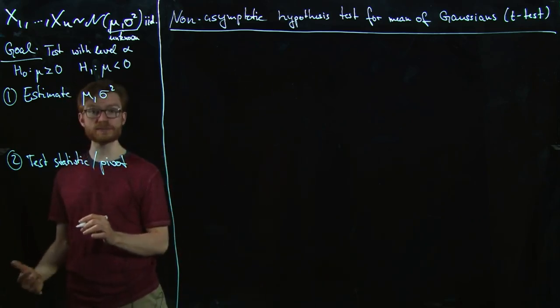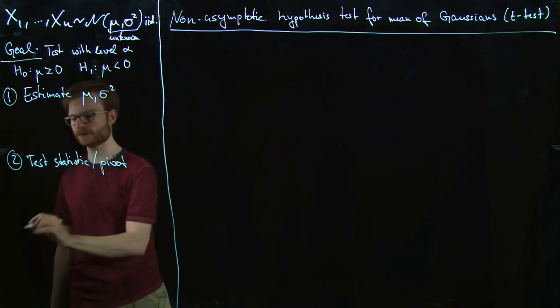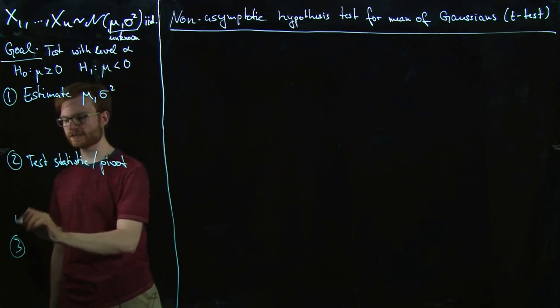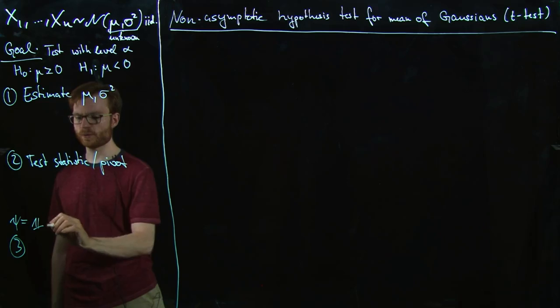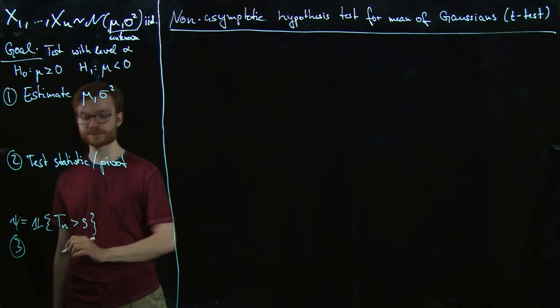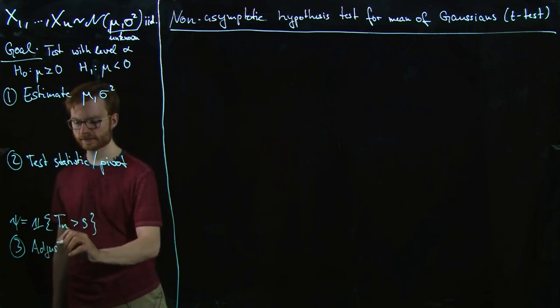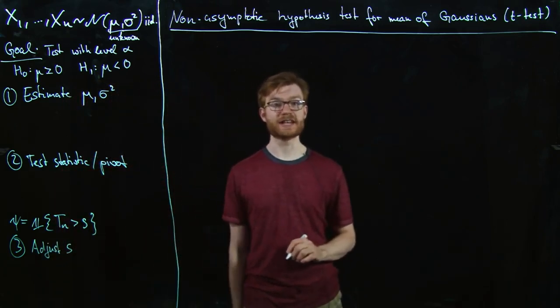And this is possible in the special case where our observables are actually Gaussian random variables. And finally, this will lead to a test psi where we take the indicator function of the test statistic exceeding a certain level s, and then we will adjust s to match the desired level alpha.